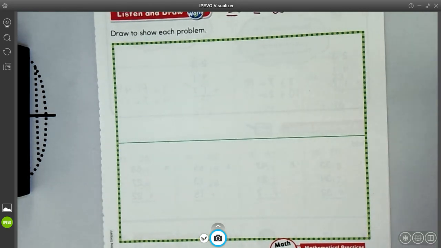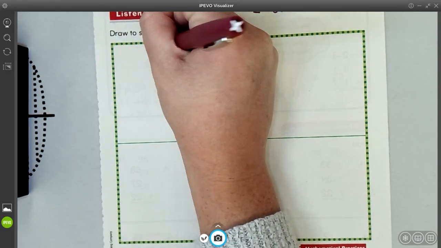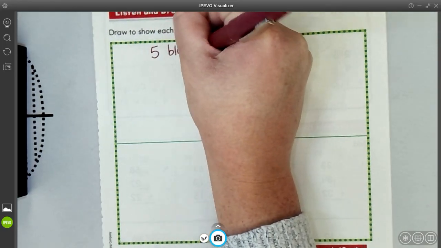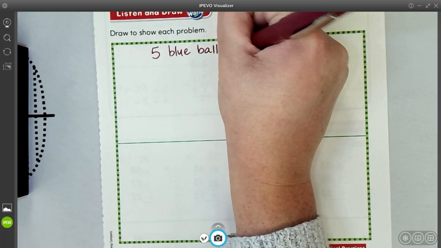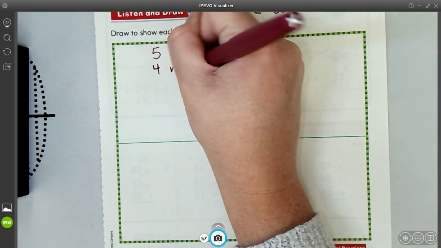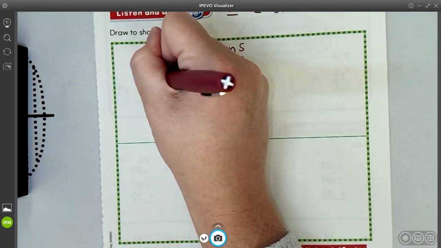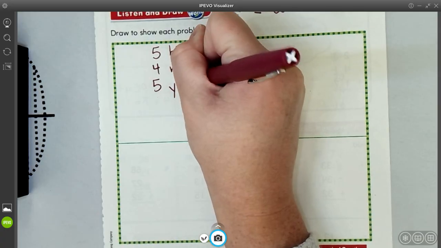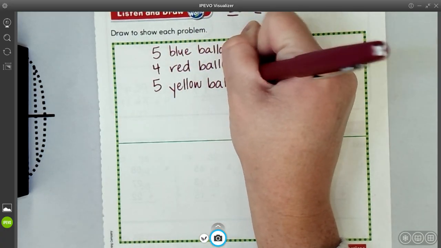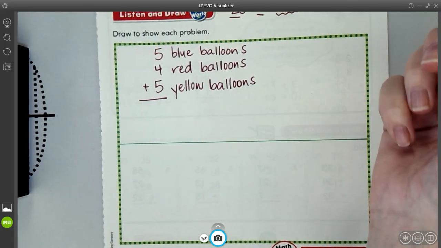All right, so if he bought 5 blue balloons, 4 red balloons, and 5 yellow balloons, well, I need to add those up together. Okay, to find out how many he bought all together.